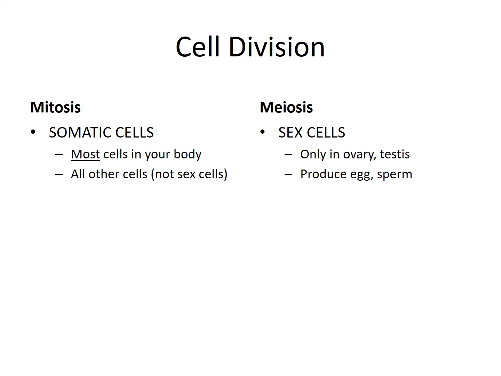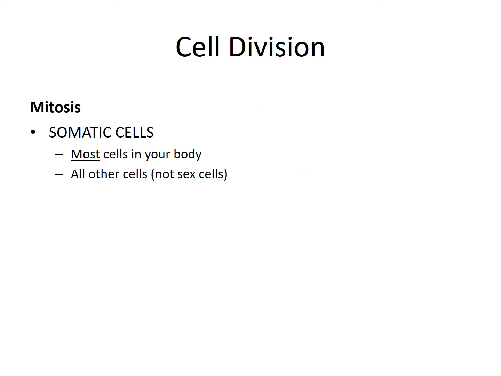That's a little more complex. We're going to save that for another discussion. Today we're going to focus on mitosis only, which happens in your somatic cells, which are every cell in your body that is not a sex cell. So these cells just want to replace themselves with an identical copy.